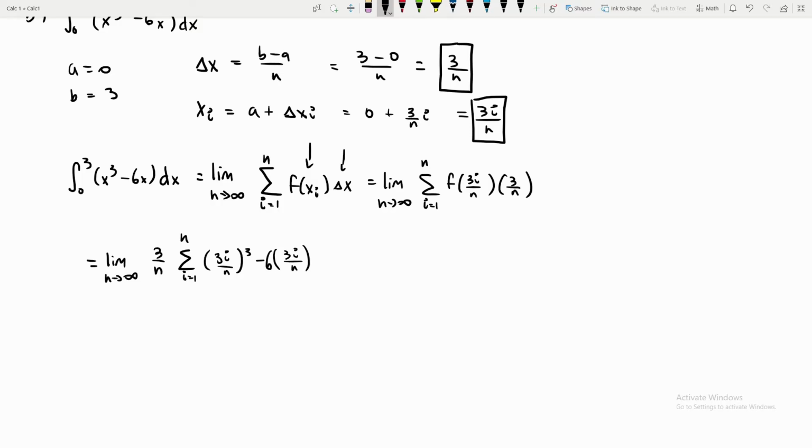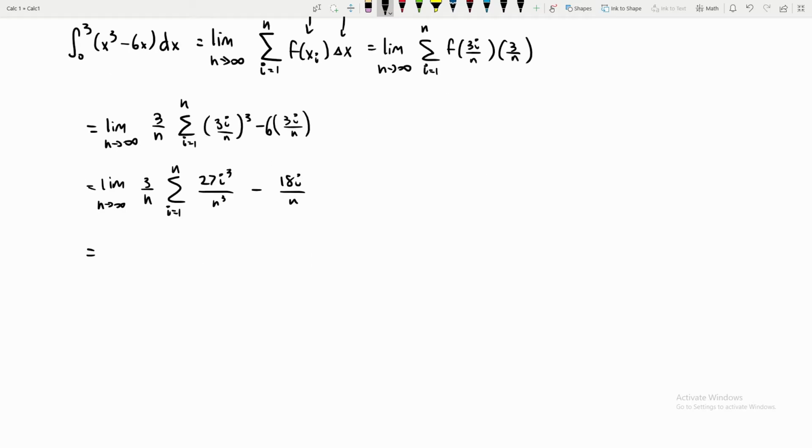I've brought out the 3 over n term, and on top of that I have eliminated this function notation and plugged the values into our function. Now I'm going to go ahead and simplify by expanding the powers. So now, as we can see within our summation, we have the difference of two terms, and like we saw previously in the properties of the sigma function, we are going to break this up.